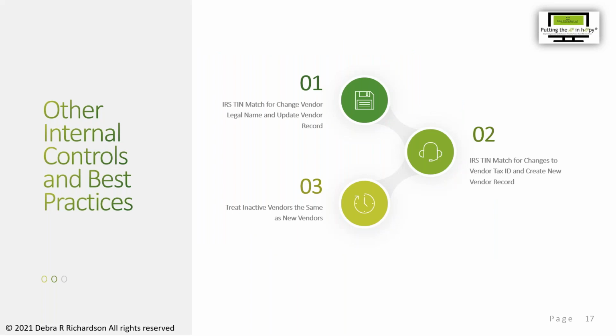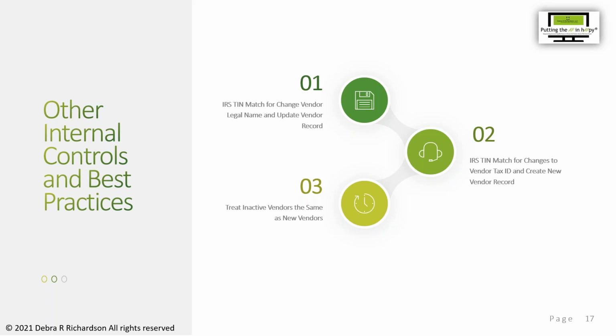And then some other internal controls and best practices with existing vendor changes: the IRS TIN match when a vendor changes their legal name, and then make sure you update the vendor record. You do want to require a W-9 if the vendor changes their legal name. If they don't change their tax ID, you can keep the same vendor record and just update the vendor legal name.